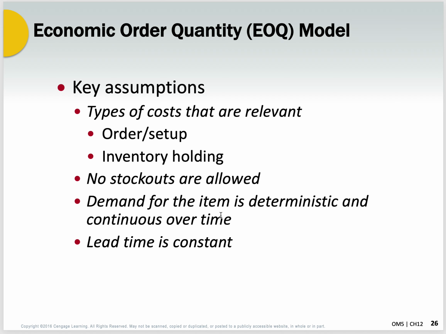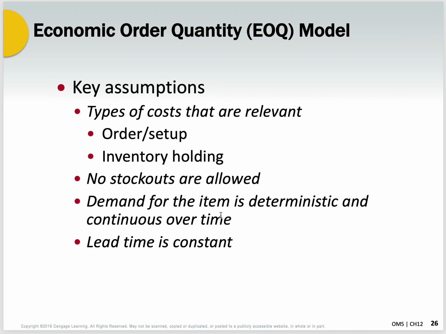So I took demand times those costs, and that's the cost I'm going to spend no matter how many orders I place, and no matter what the quantity is. So the only thing that really matters is the order or setup cost and the inventory holding cost. That's the only thing I can control by how much I order and how often I order. Pure and simple.